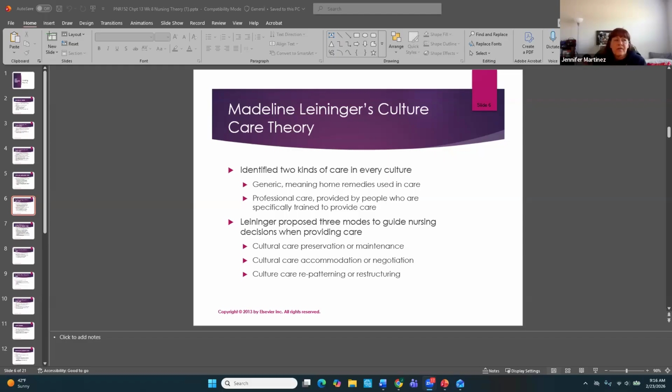Then there's cultural care accommodations or negotiations. So this is another one. Like I said, we want to incorporate their cultural practices within their healthcare, but we also want to make sure that we're doing it safely, for lack of a better word.